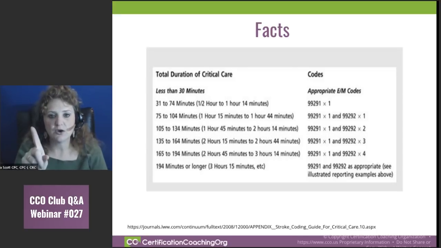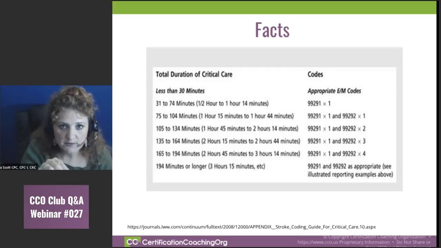So we know that if we have a patient that is seen for critical care 30 to 74 minutes, that would be a half an hour to 1 hour and 14 minutes, then we're going to use 99291, right?